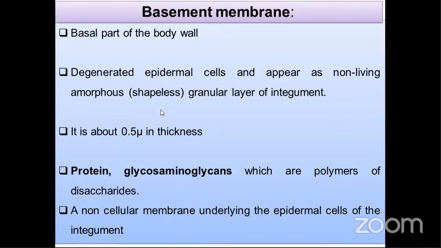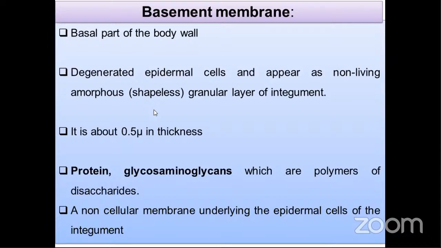There are different types of saccharides: monosaccharides, disaccharides, polysaccharides. It is a non-cellular membrane, like the cuticular membrane, and it underlies the epidermal cells of the integument.